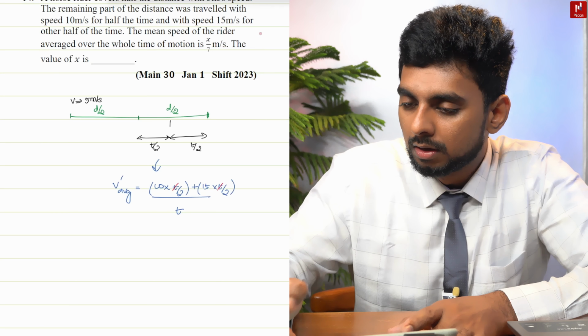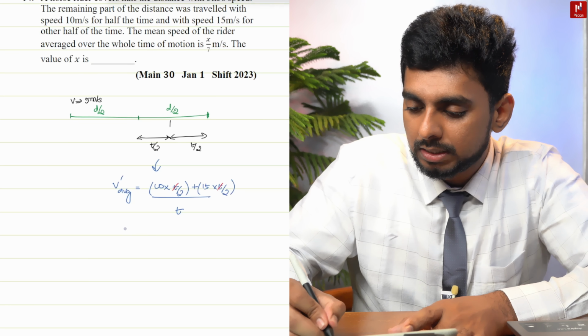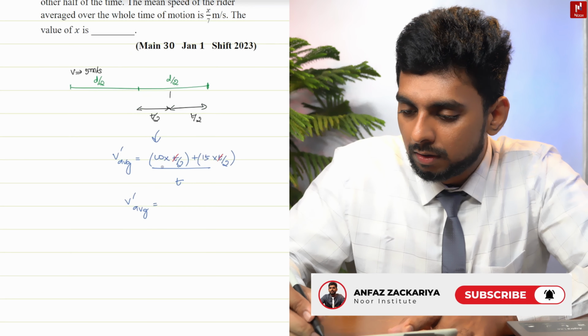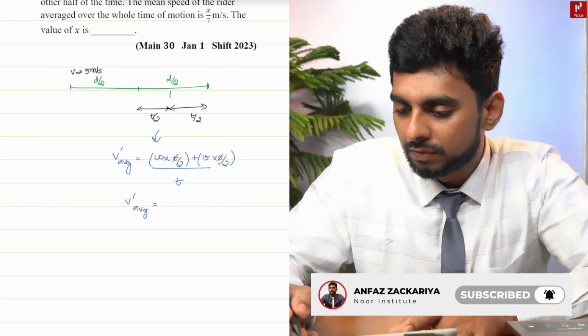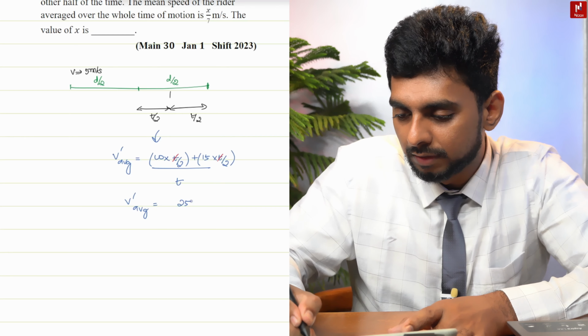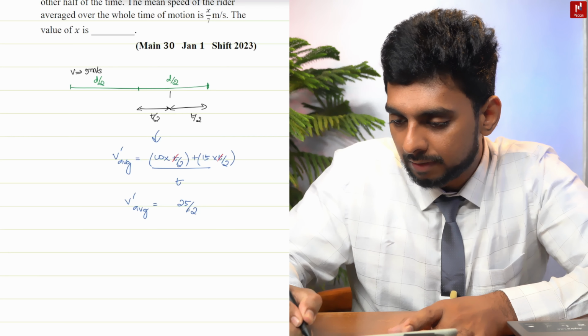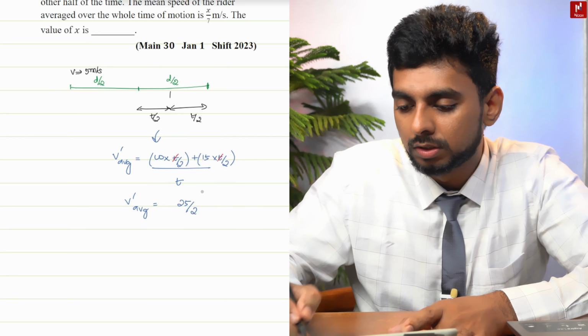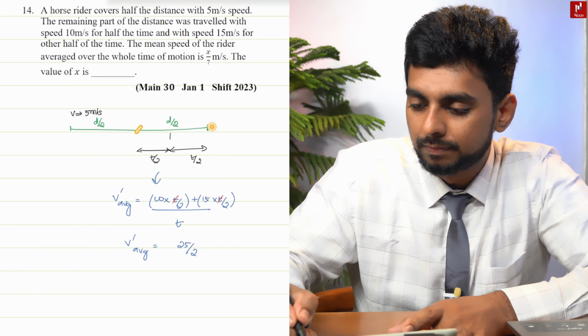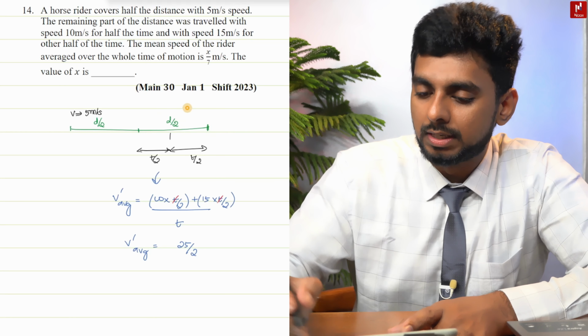So v dash average would be equal to 10 plus 15 divided by 2. That's going to be 25 divided by 2. So this is the average velocity with respect to the second part. So this is done.